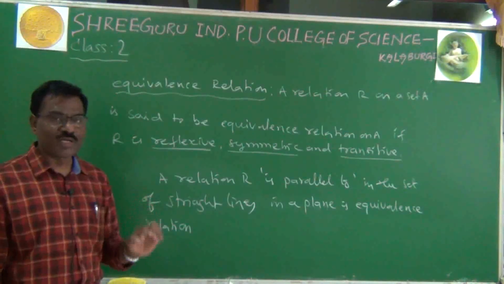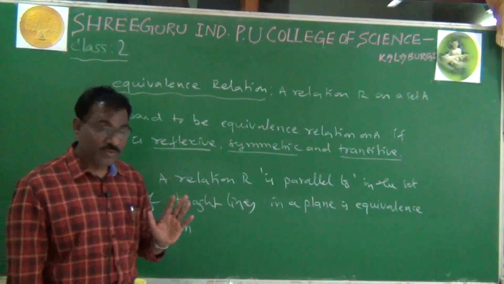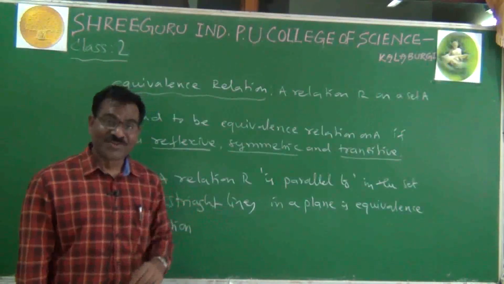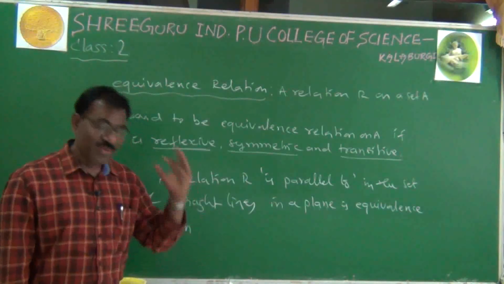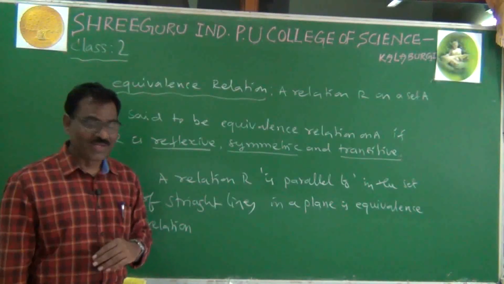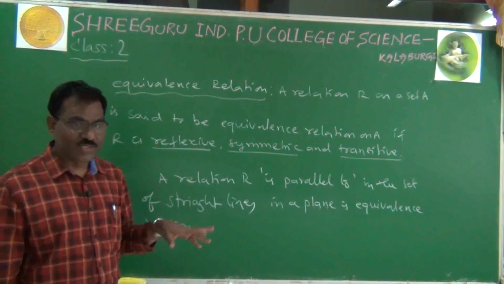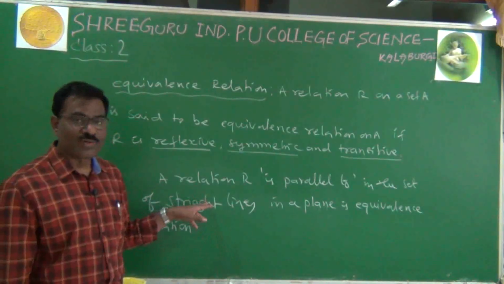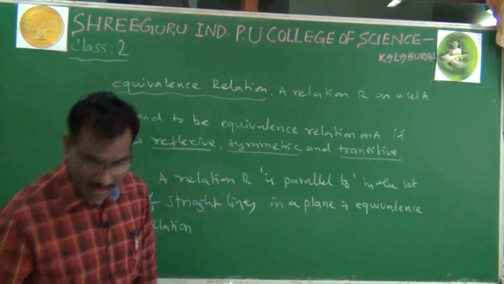This is very important. This parallel relation is reflexive, it is also symmetric, and it is also transitive, and all the three are satisfied. This is called an equivalence relation.